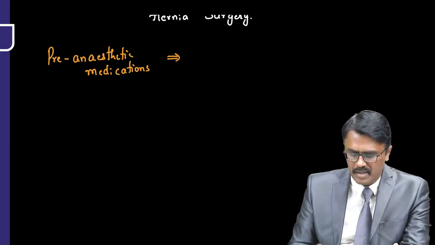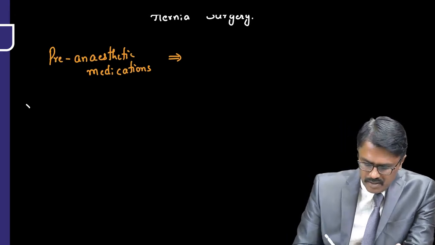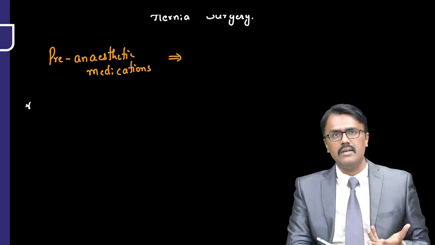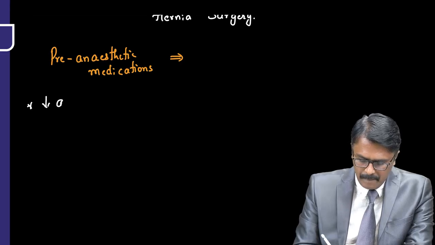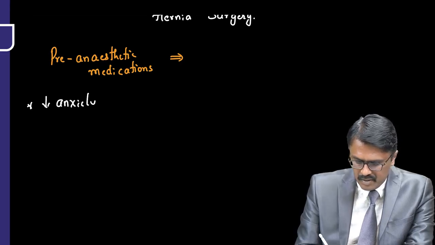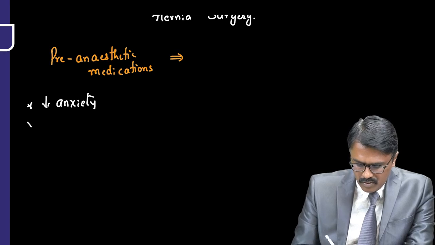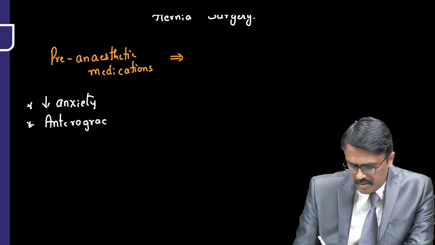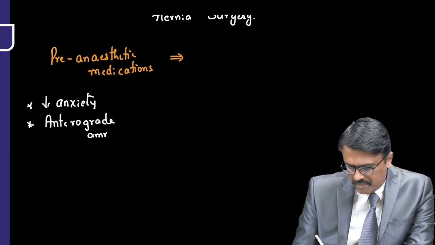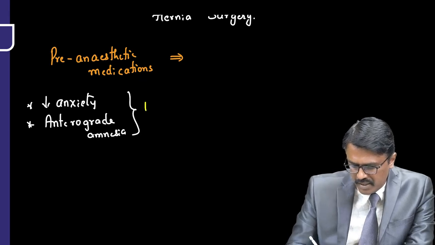The reason is, number one, the patient will be anxious. Tomorrow there is surgery, obviously he will be anxious. So, to decrease anxiety and also to cause anterograde amnesia, we use certain drugs called benzodiazepines.